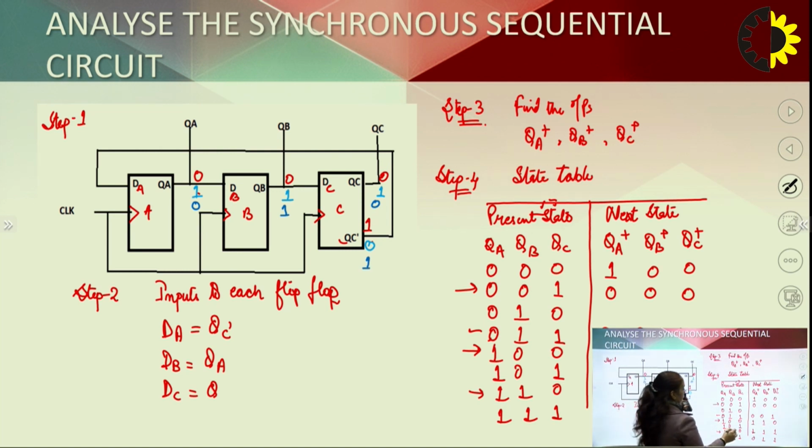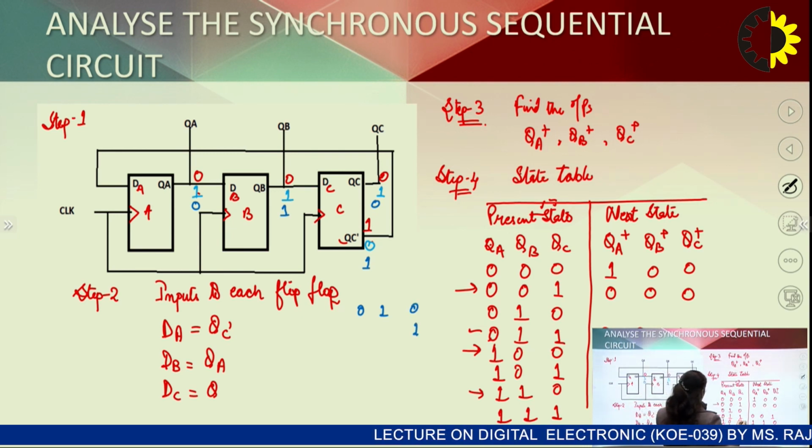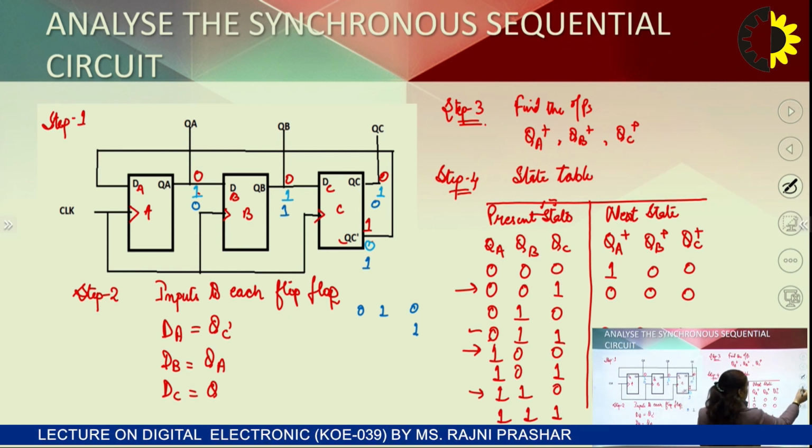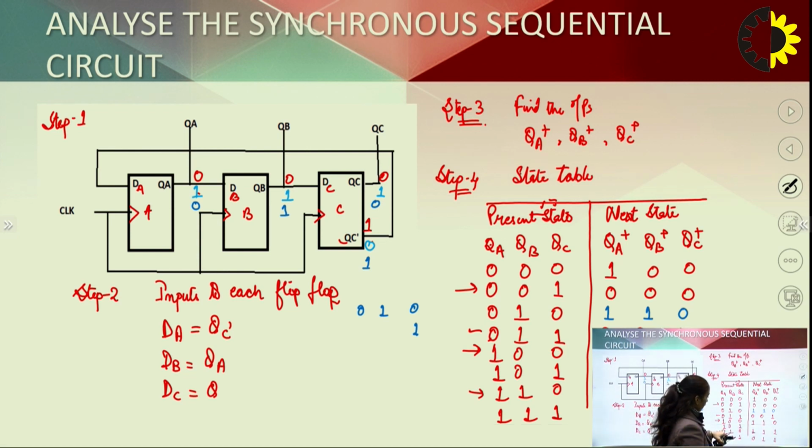So I am going to have 0 1 1 1 0, and we have left one state, I think 1 0 1, this 1 0 1 state.